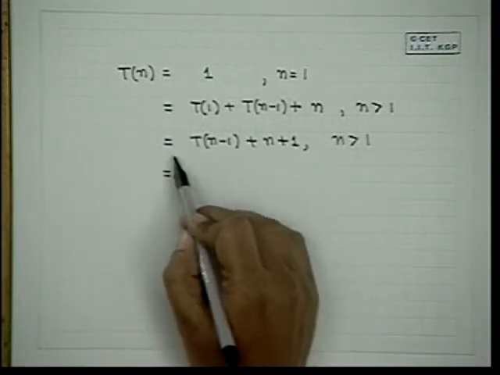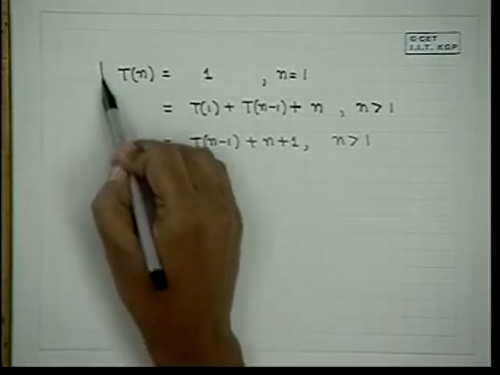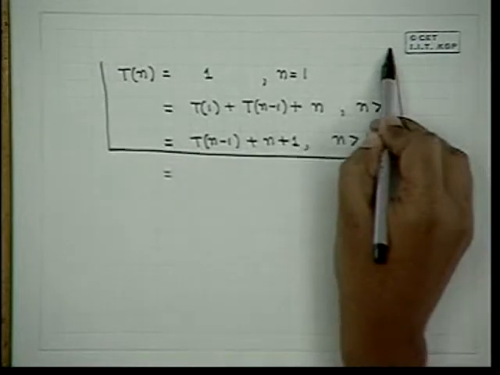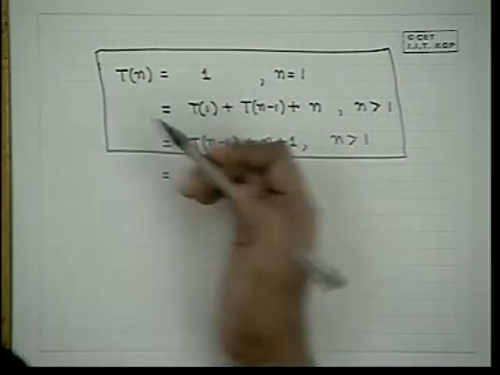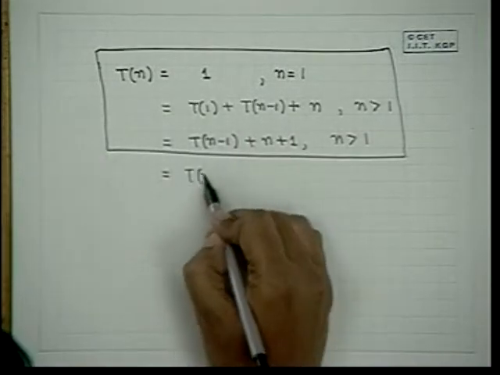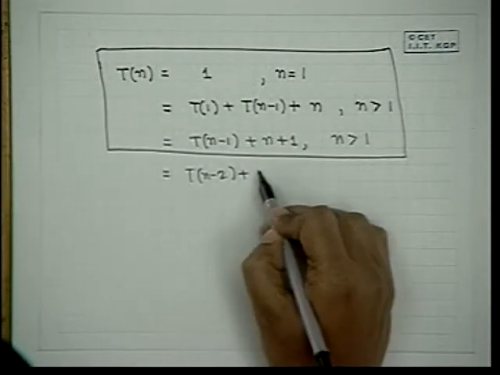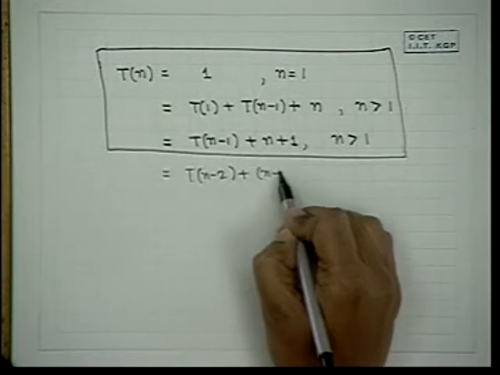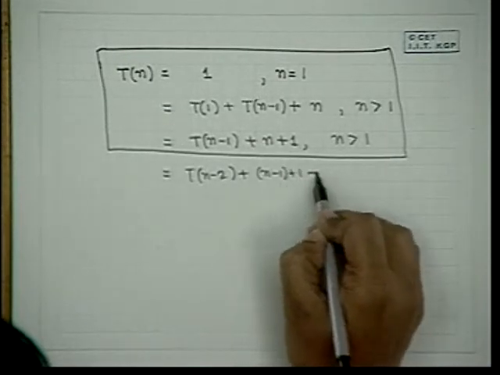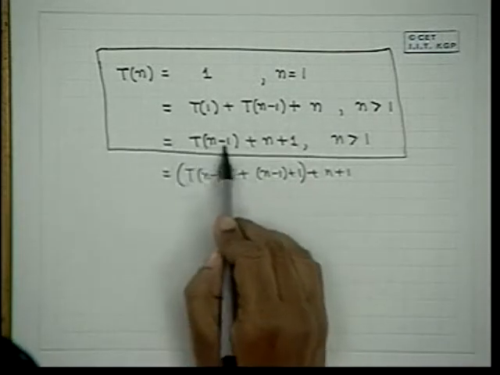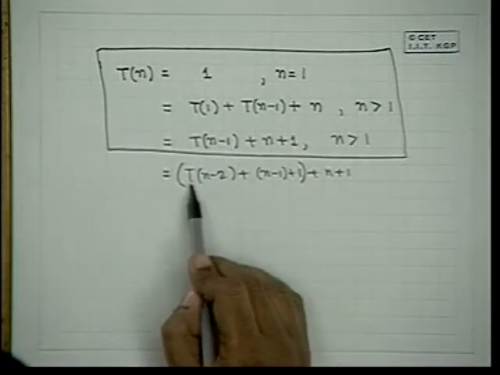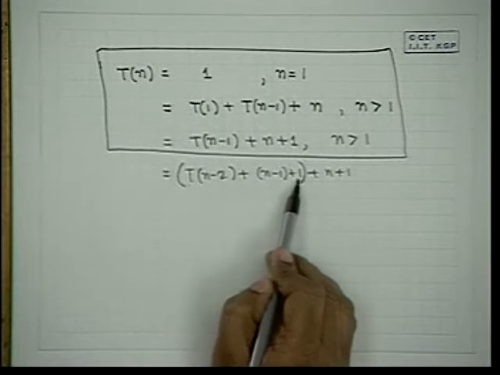which is, if you start expanding out, how will you solve this? Can you solve this? Try it. Expand it. Tn minus 2 plus n minus 1 plus 1 plus n plus 1. This Tn minus 1 will break up as Tn minus 2 plus n minus 1 plus 1.